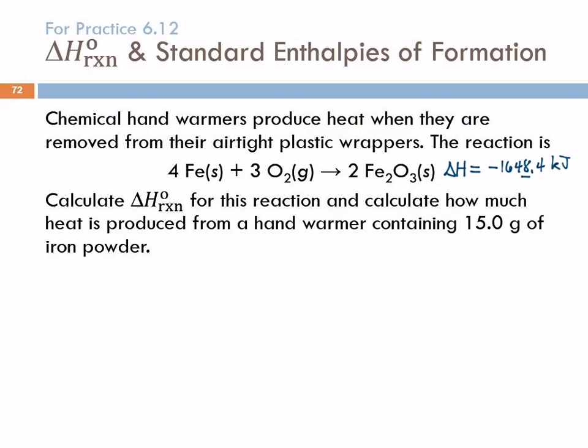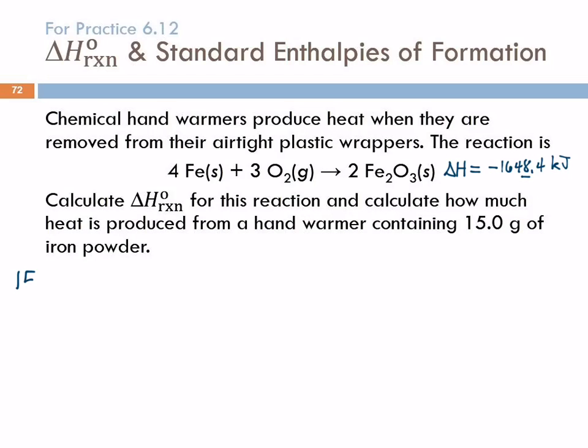How do we figure out how much energy is released if 15 grams of iron powder reacts? So 15 grams of iron to moles of iron, and then we know that we're going to get this much for every 4 moles of iron. So it's stoichiometry with energy.